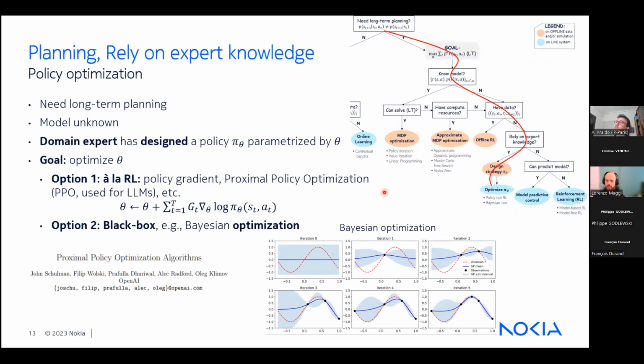And then you iterate. Basically you build a model that approximates this mapping, theta to long-term reward.